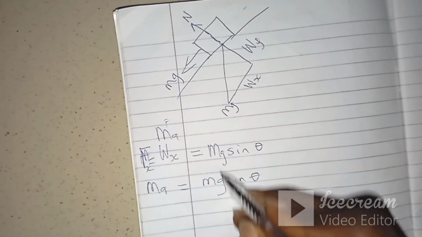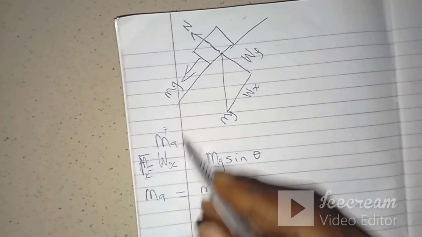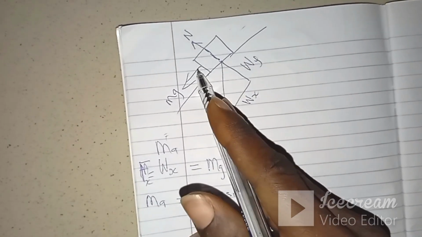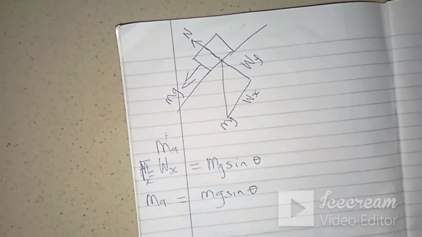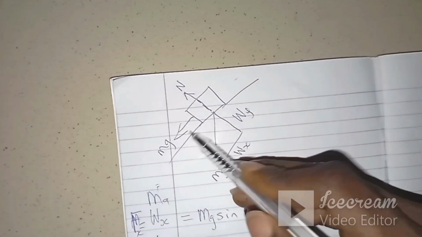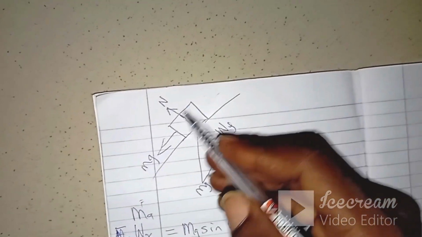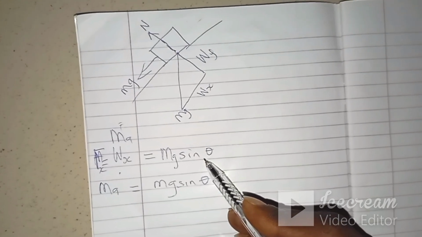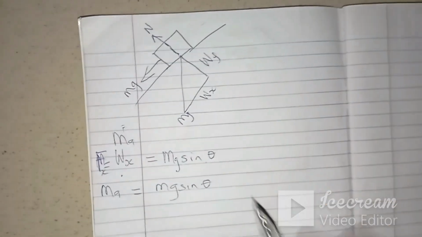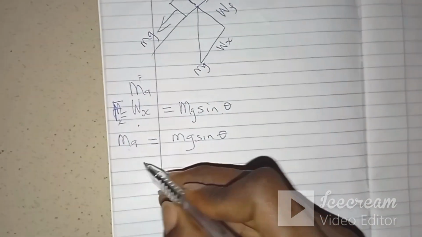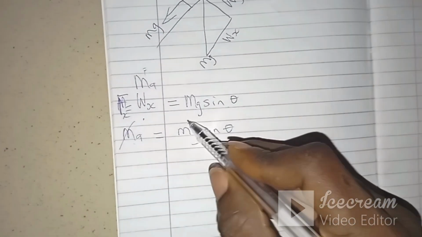Since the force acting here is mg, and I know that it is at an angle, which we found to be sine theta, I can now say ma, the force on the x-axis, is the same thing as saying cancel this, cancel this.